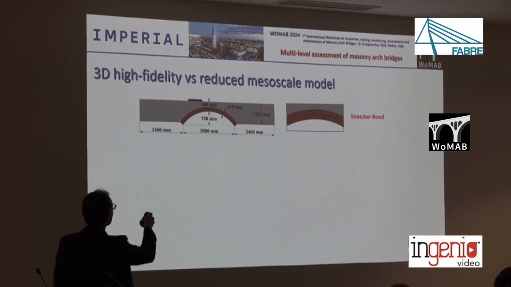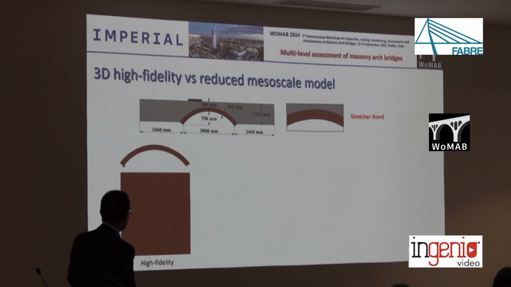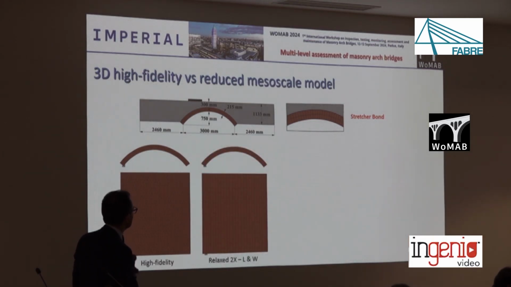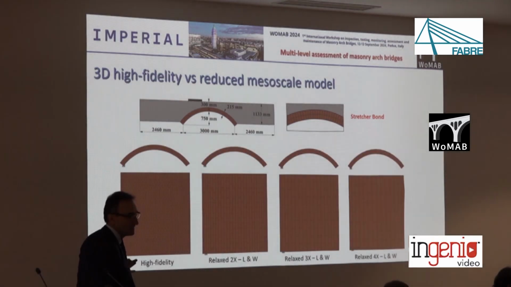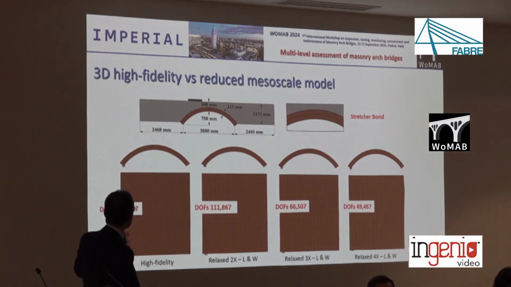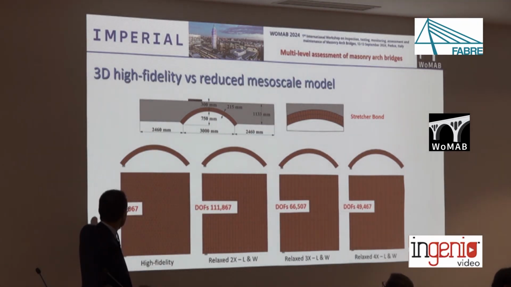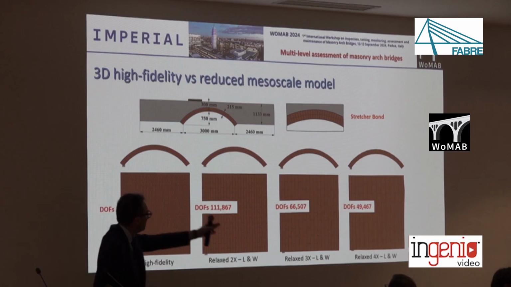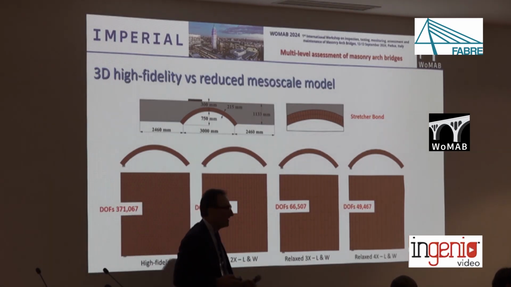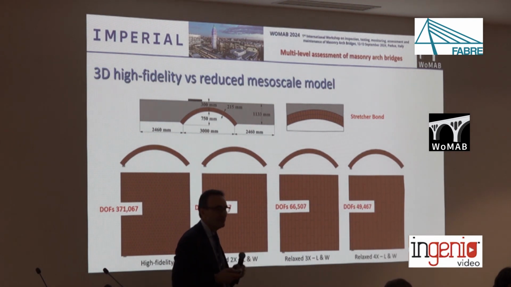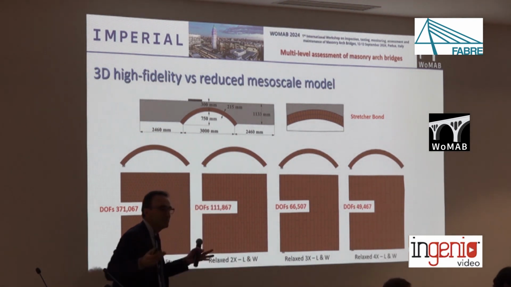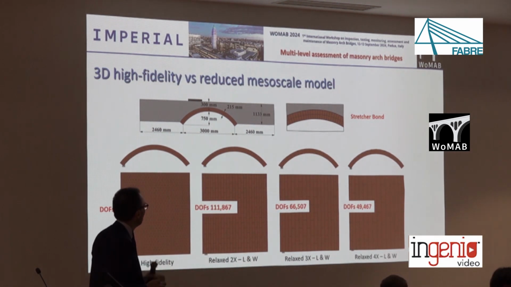So you see in this case we have a 3 meter span, so high fidelity, relaxed 2 times, 3 times, 4 times. So obviously degrees of freedom, we start from 300,000 plus, we move down to 49,000. For us it's not much, though others may stress that it's too much, but we can carry on this way.